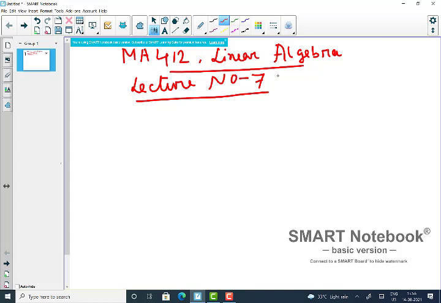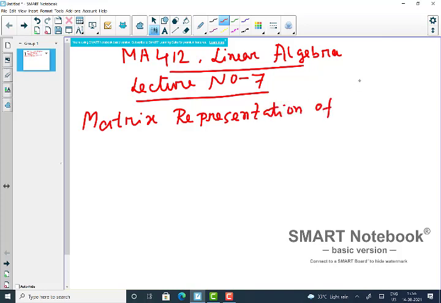So today we will discuss a very important idea, and it's called the matrix representation of linear maps.